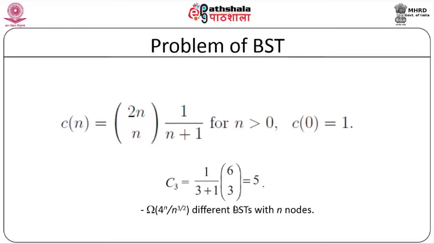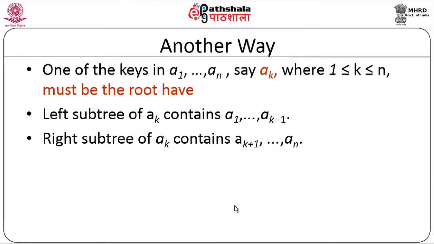That is the reason why we go for a more sophisticated methodology, which happens to be dynamic programming. So, in dynamic programming, we can apply the concepts to this particular problem. What we can do is take the set of keys a1 to an.